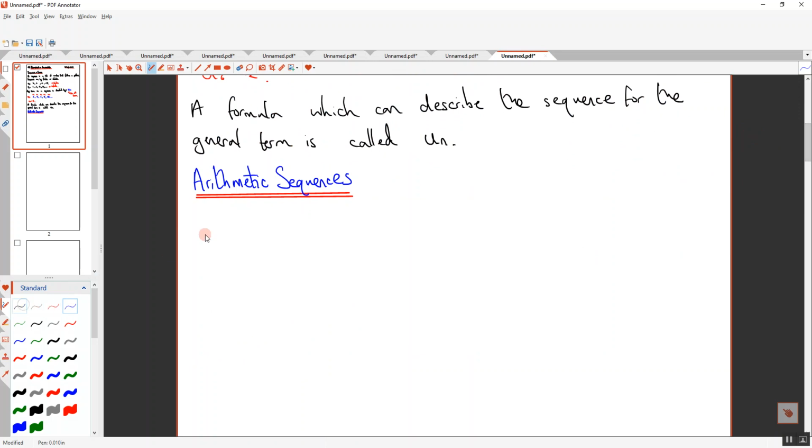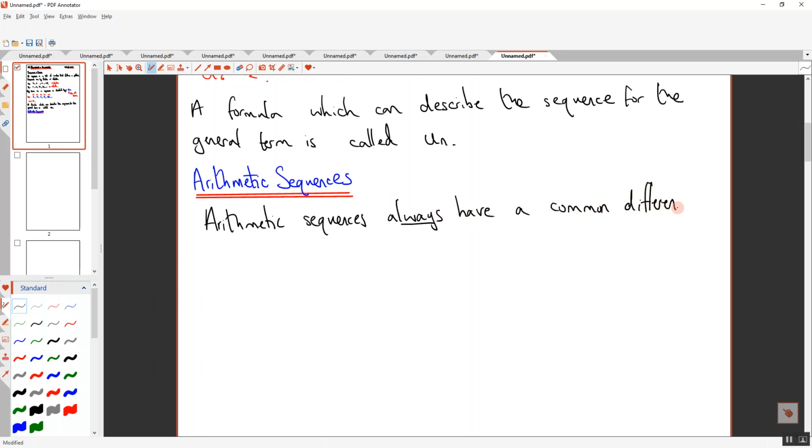So arithmetic sequences always have a common difference, and it can be positive, it can be negative, it can be a fraction. So for example, the sequence 3, 7, 11, 15.